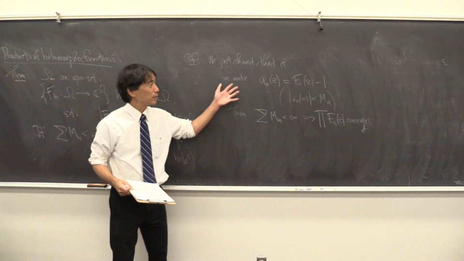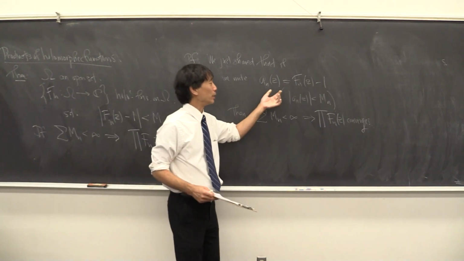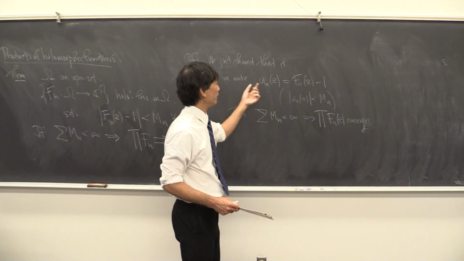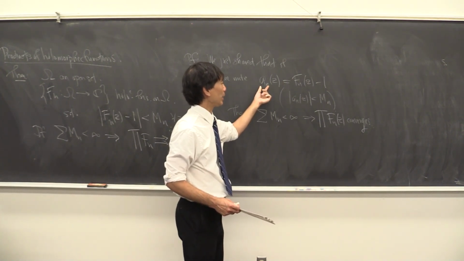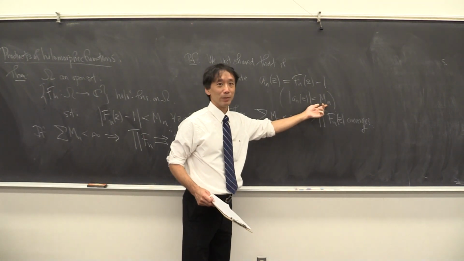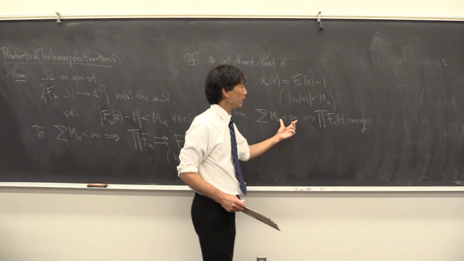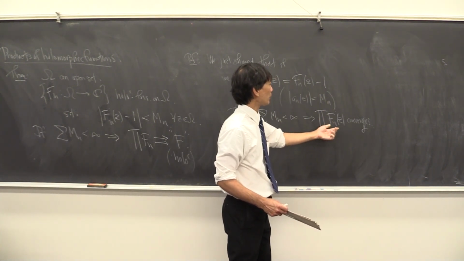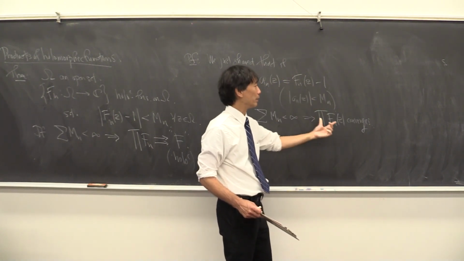Right? That's exactly what we just had. We just said, if you have some number a sub n, and you have some bounds on those numbers, and the sums of those bounds are finite, then the product of the f sub n, which is 1 plus a sub n, converges.